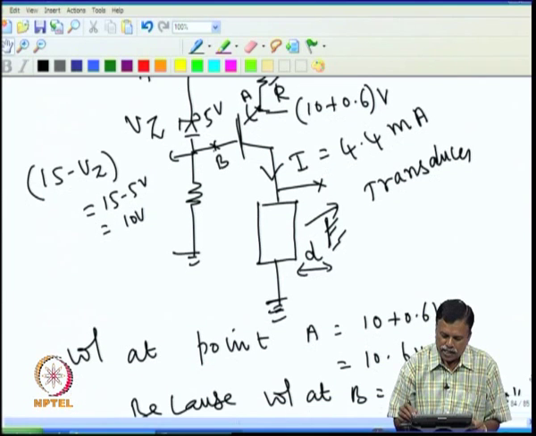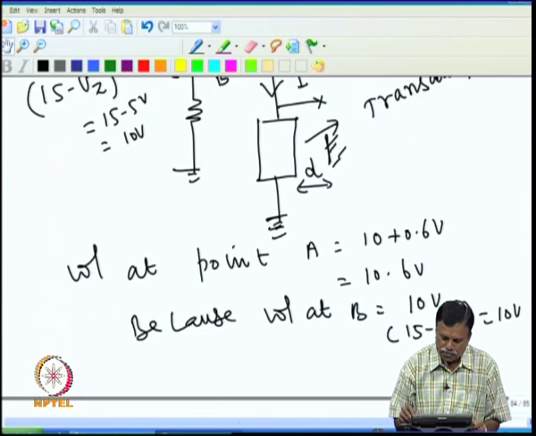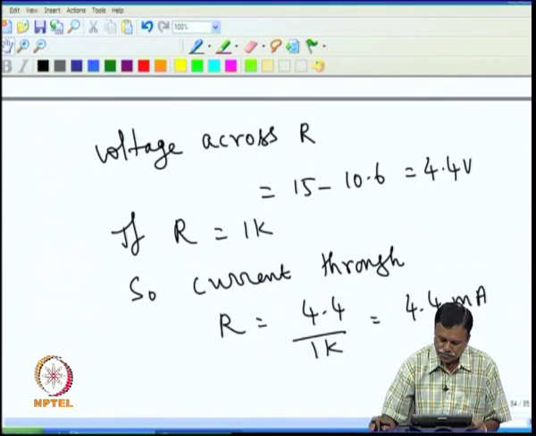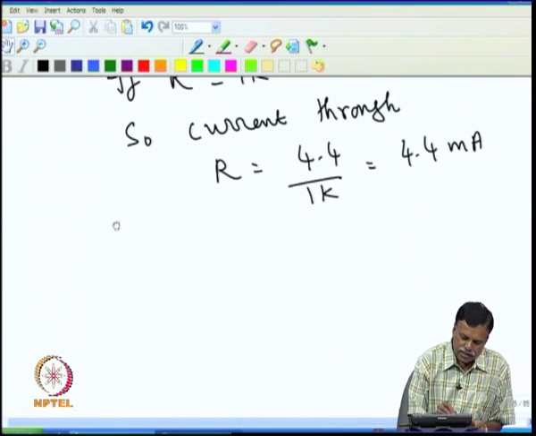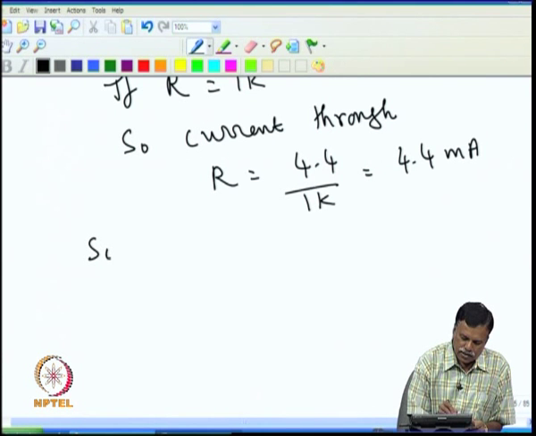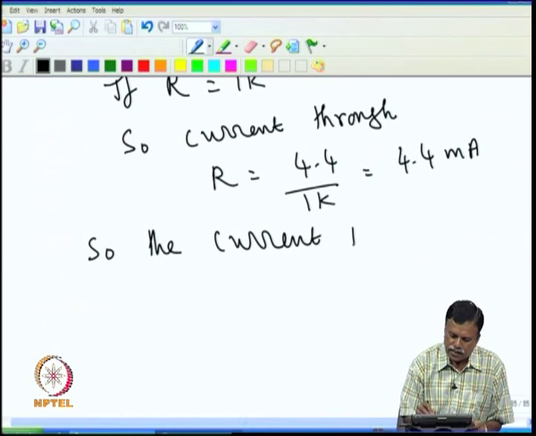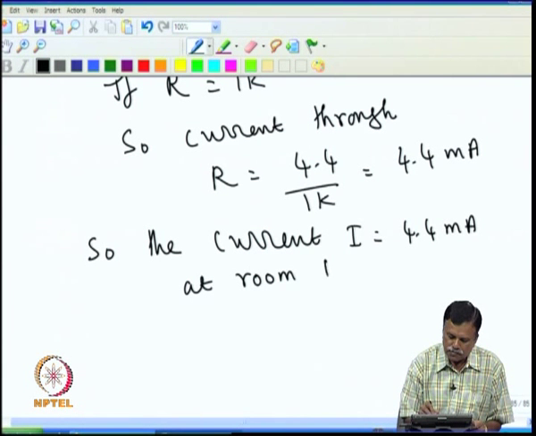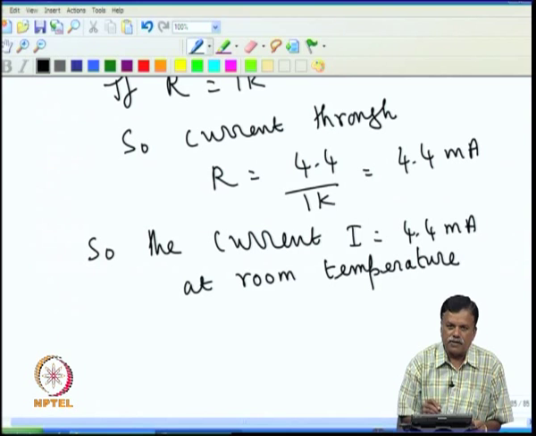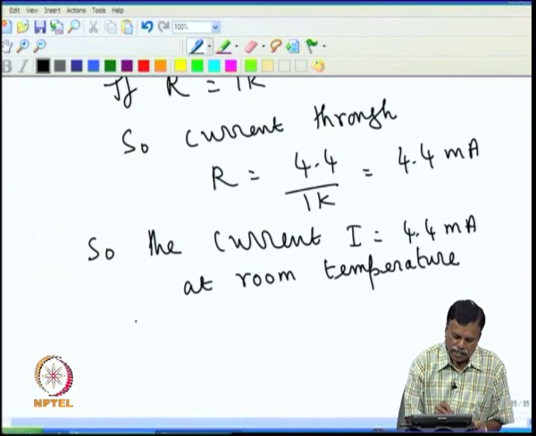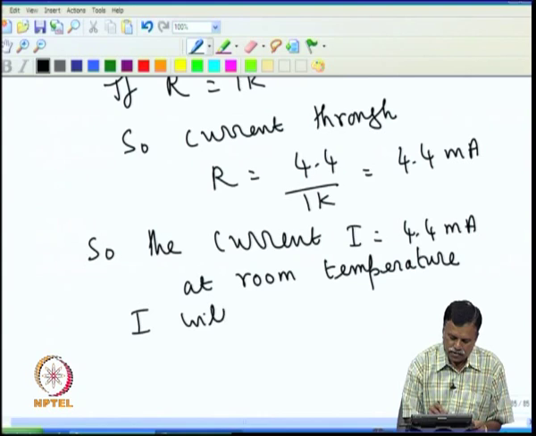So, assume the current I is 4.4 milliampere at room temperature. But this current will increase with temperature.